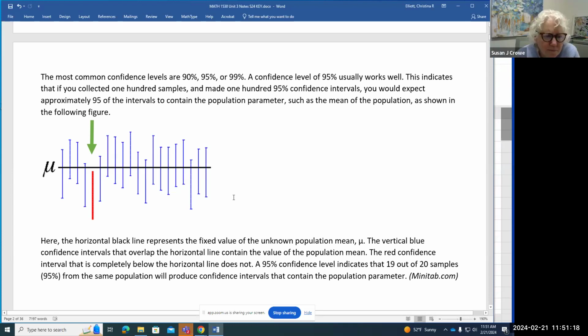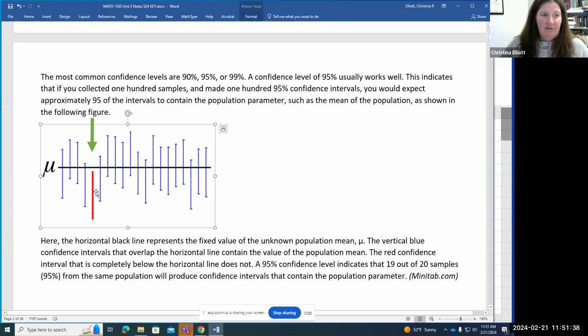I can see that 19 out of those 20 intervals that I created from 20 different samples actually contain that population mean. But this one here, where I've got this arrow, this red one if you see color, doesn't actually contain the population mean.